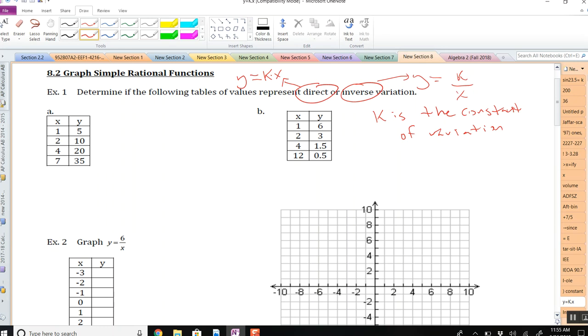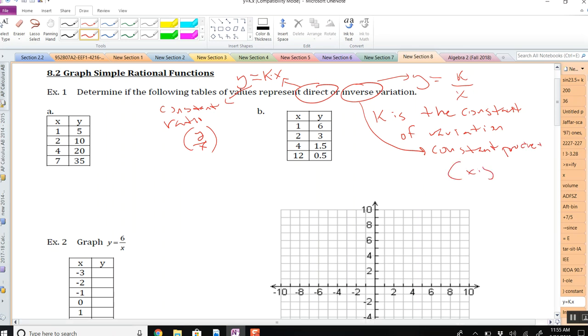And remember, direct variation is when you have a constant ratio, y over x, whereas inverse variation was when you had a constant product, so x times y.